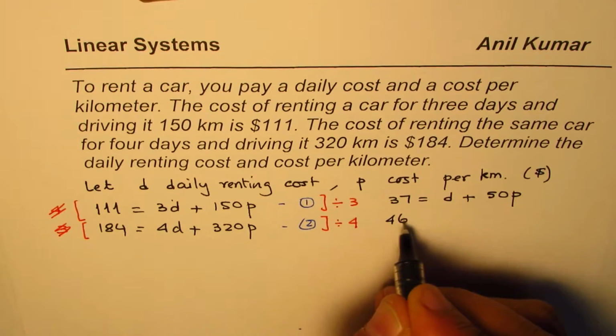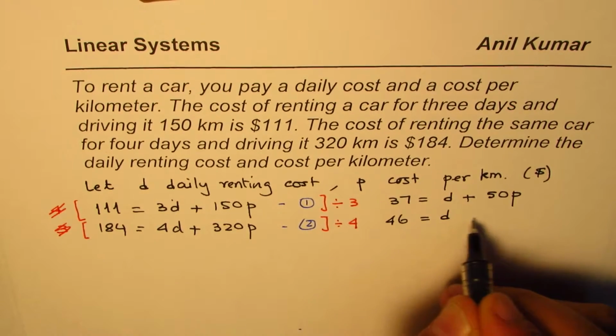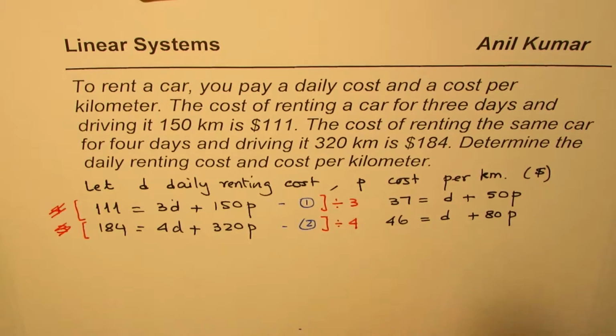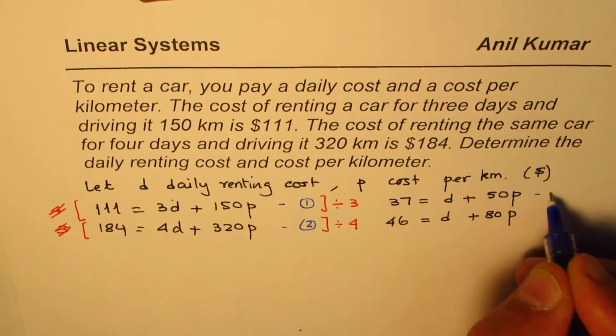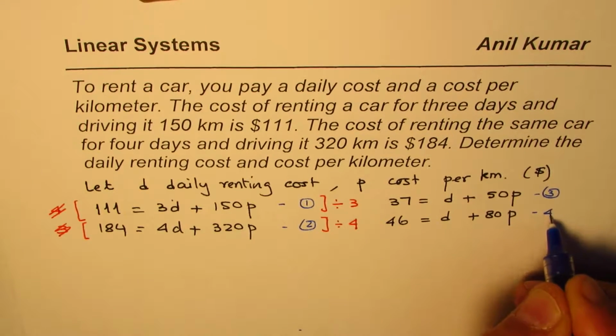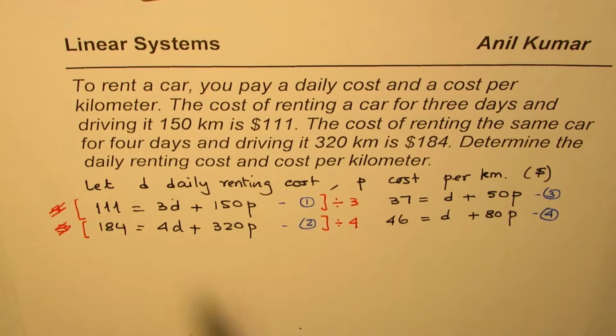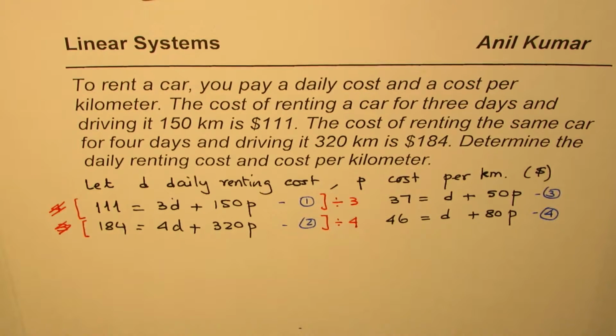So we have 46 equals D plus 80p. So this is much simpler. That gives us equations 3 and 4. The strategy here is that sometimes it is better to divide and simplify and then work on the equations.